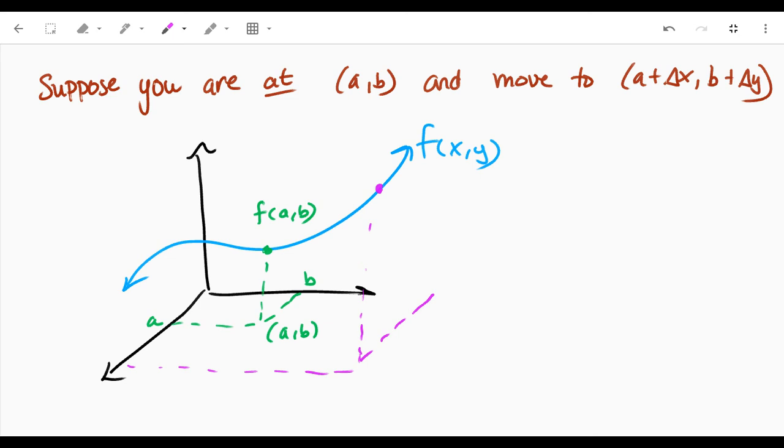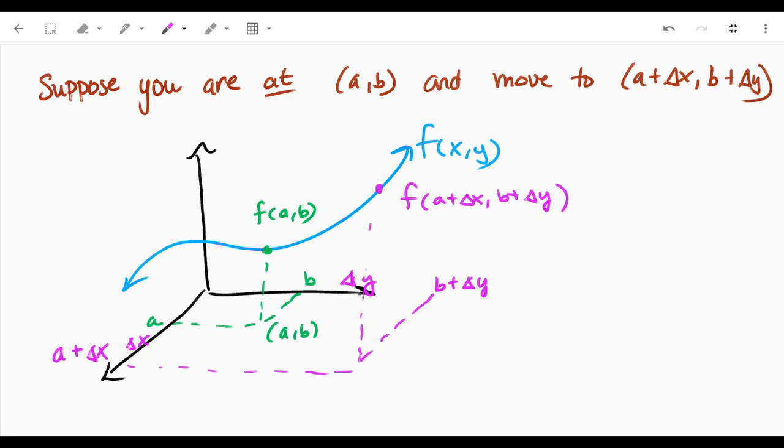Okay, so this would be a plus delta x, where delta x is the distance there. Okay, and this would be b plus delta y, where this distance between them is delta y. Okay, and then that puts us at f of a plus delta x, b plus delta y.